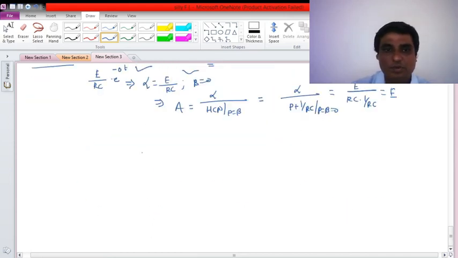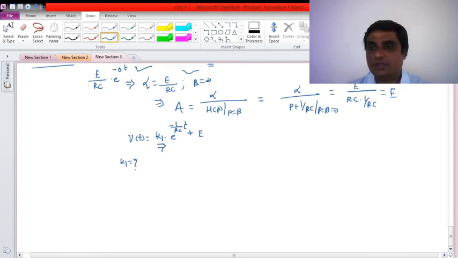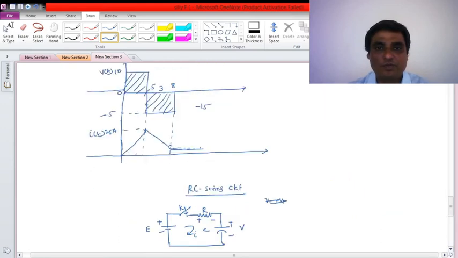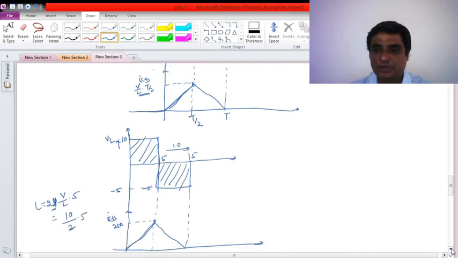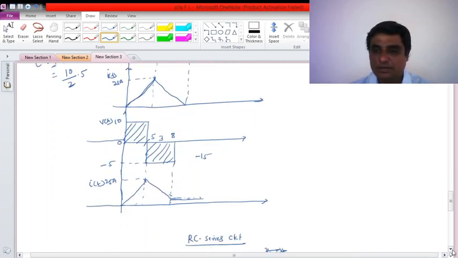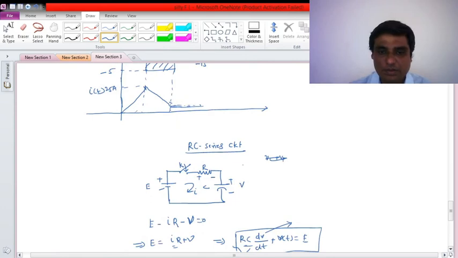So my total solution, capacitor voltage or voltage across capacitor, will be K1 into e raised to minus 1 over RC t. This is the complementary solution, and the particular solution is simply E. Now I would like to find out K1. We have seen that my switch was open for a long time.